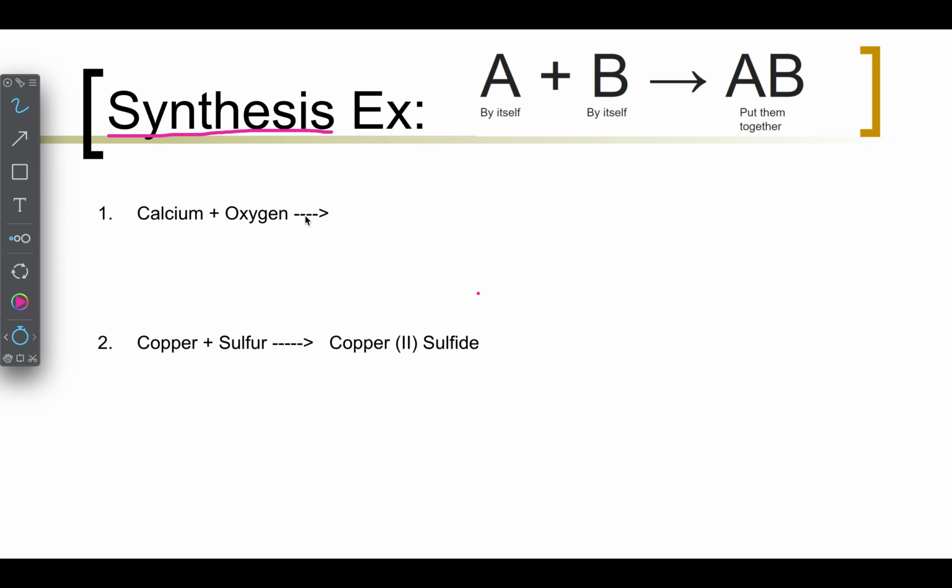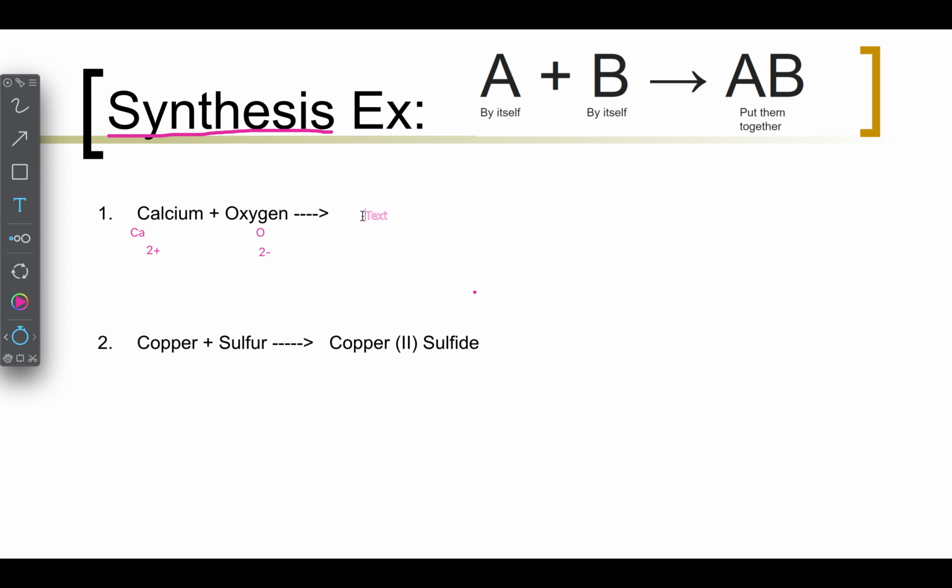So step 2 is to write in the charges of these things, right? Calcium has a 2+ charge. And oxygen has a 2- charge. So that's step 2, writing in the charges.